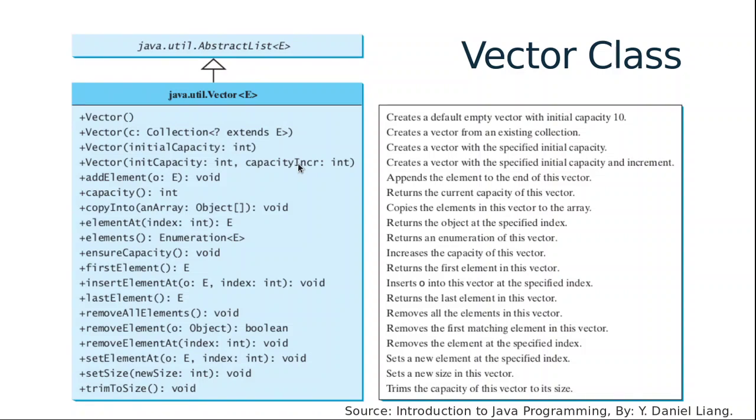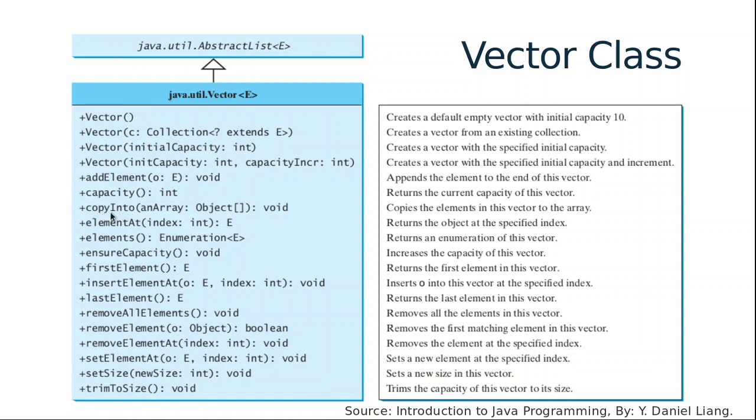So whenever there is a need of incrementing this vector, this will be the incrementing size. Then there is the addElement method, which will simply add the given element at the end. Then there is the capacity method, which will simply return the current capacity of your vector.